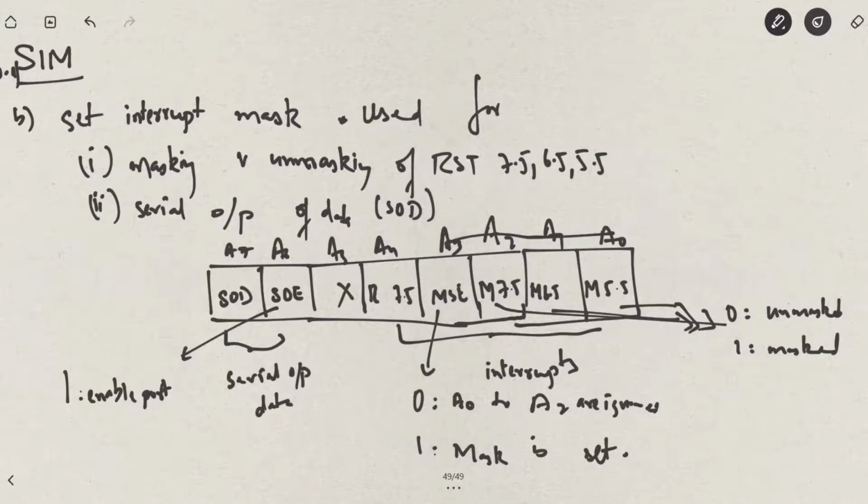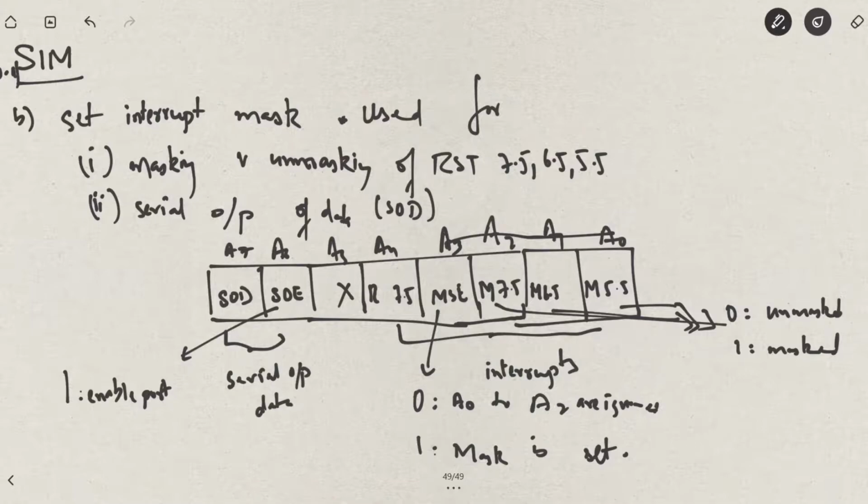If A4 is equal to 0, RST 7.5 can be used, but depending upon the status of A2 and A3. While SOE is used for serial port enable and disable. If SOE is equal to 1, it will enable the port. If it is equal to 0, it will disable the port.